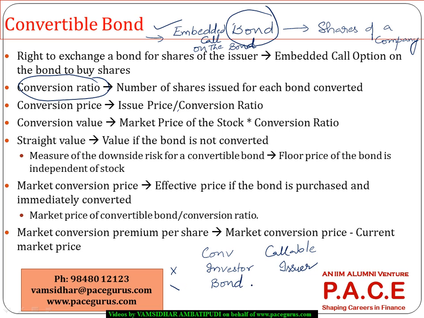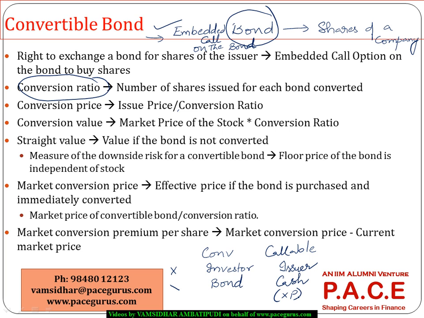The bond is exchanged and the shares are taken. Whereas here the purchase generally happens with cash, based on the exercise price. So these are the two key differences between a convertible bond and a callable bond.